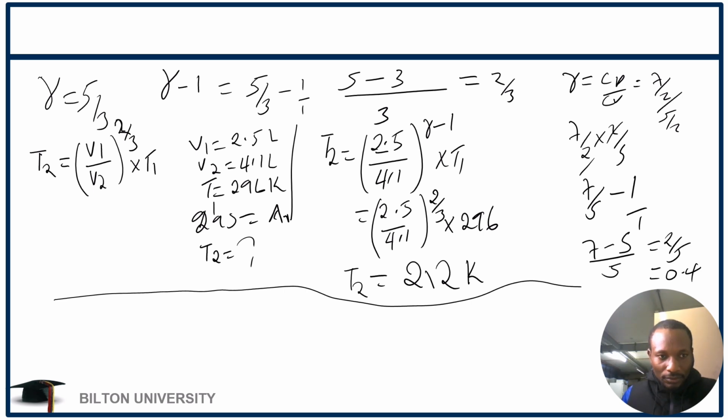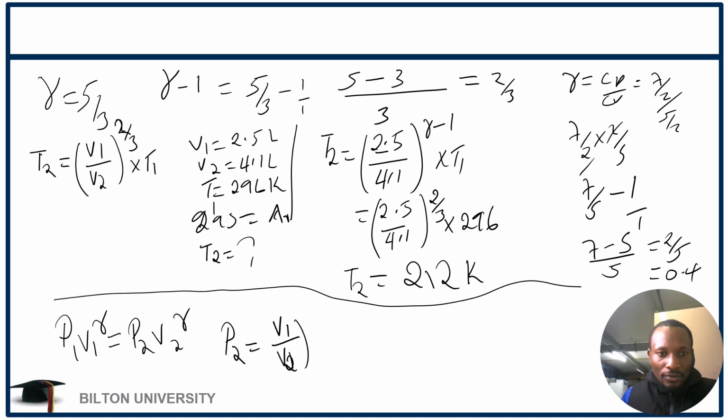And for pressure, we have said P1 V1 to the power gamma is equal to P2 V2 to the power gamma, and therefore we can relate P2. If we know all the other parameters, P2 is the ratio of V1 over V2 to the power gamma times P1. Here we take gamma straight.